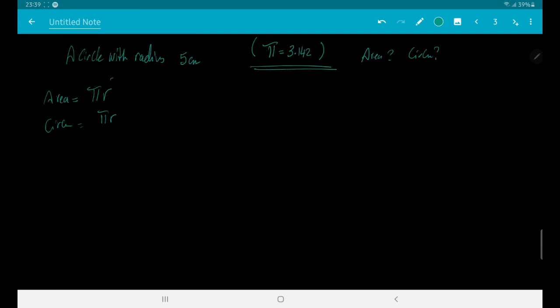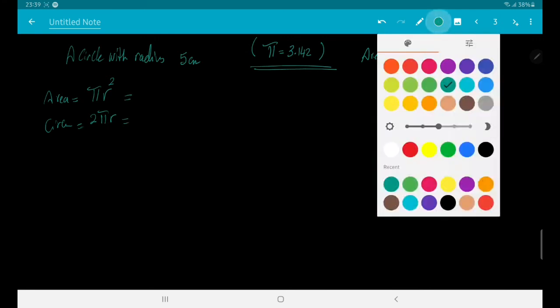You have r multiplied by r, which is r squared. So the rule for the area is pi r squared, whereas the circumference is 2 pi r. In the area you put the 2 above, and in the circumference you put it as a coefficient for the r, multiplied by the pi.